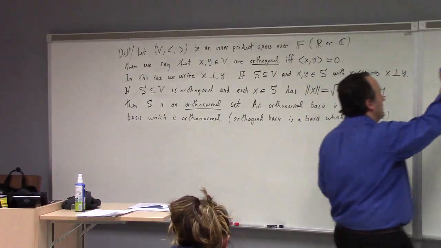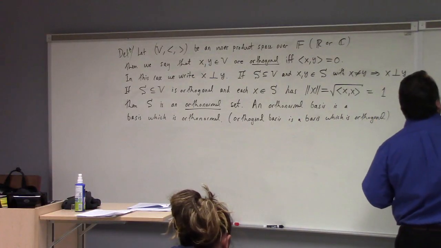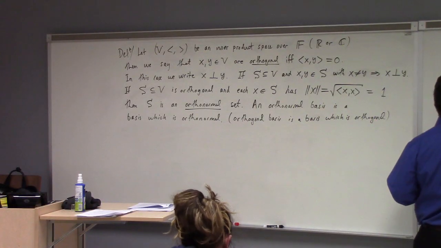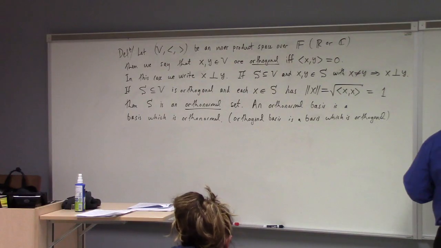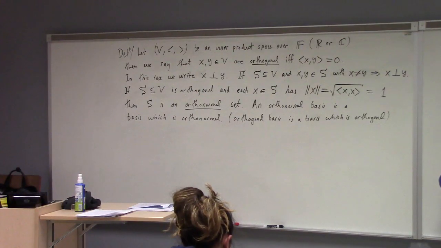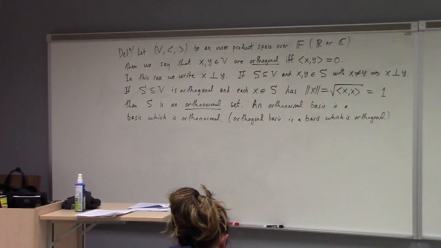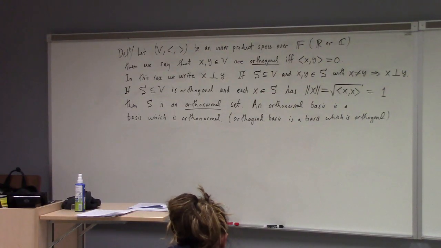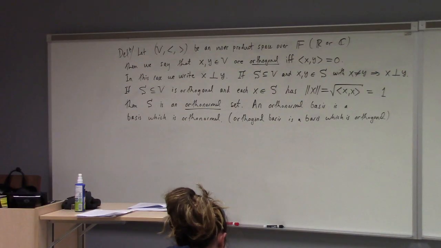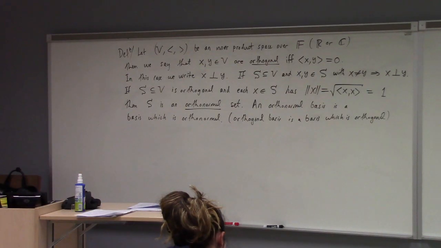So if z is equal to x plus y, where x is perpendicular to y, then the length of z squared is equal to the length of x squared plus the length of y squared. All right. So let us see if we can prove that.